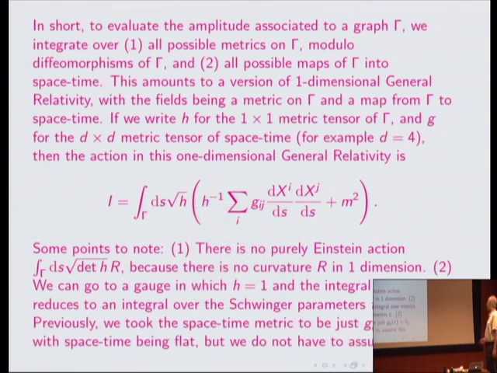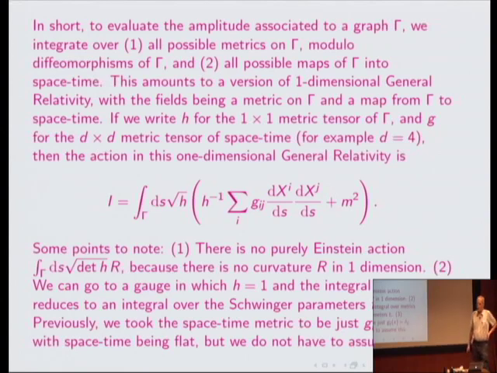Third, in introducing this, we took the space-time metric to be the flat metric, but we don't have to assume this. So gij could be constant. Then we would be describing Feynman diagrams in Minkowski space. But if you want to do Feynman diagrams in curved space-time, the same formalism works, with gij being non-constant functions of x.